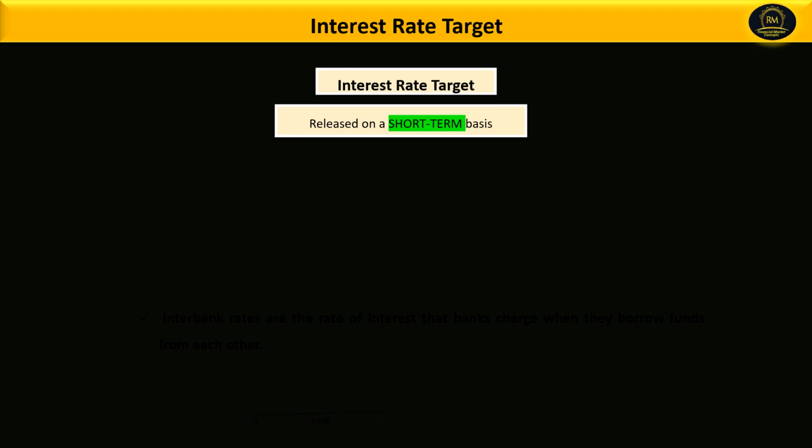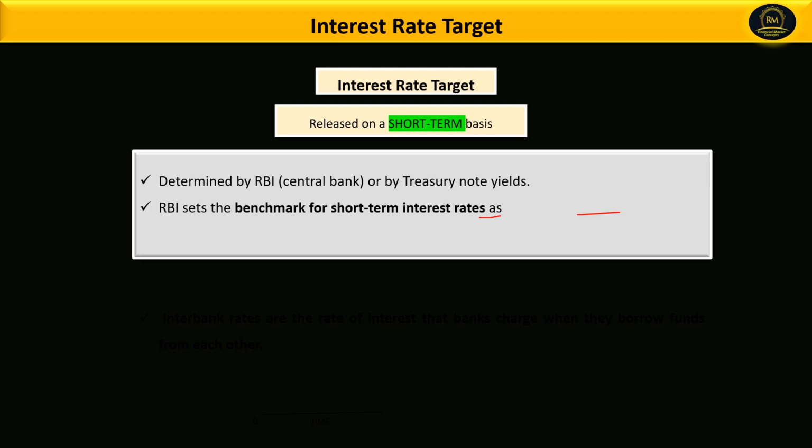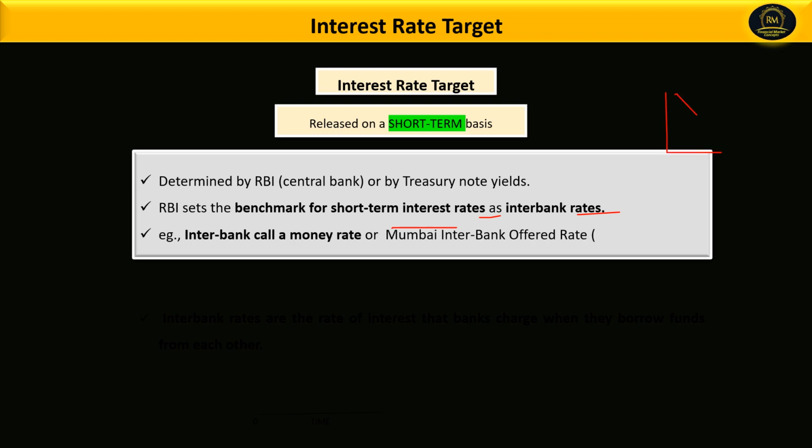of time. These data on interest rate are released by the central bank, or RBI in India, on a short-term basis, and it is considered a benchmark for the short-term interest rate as the interbank rate. That means, what is the rate at which the banks are borrowing from one another.